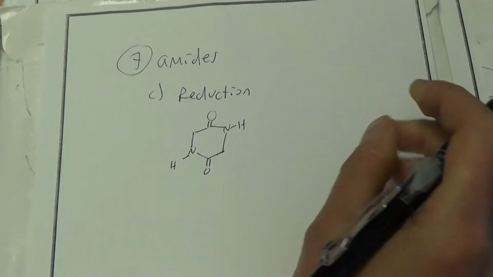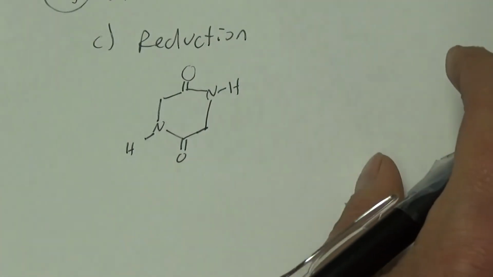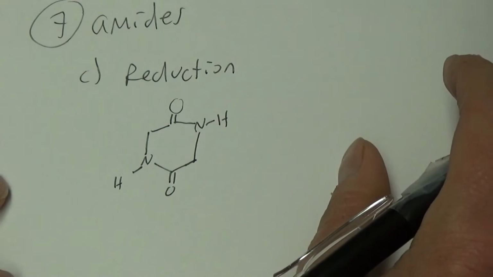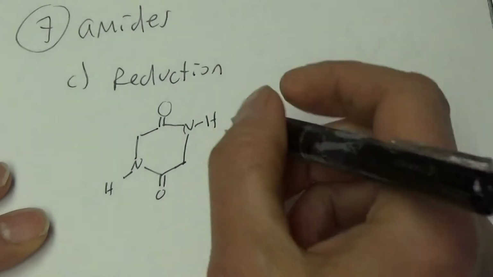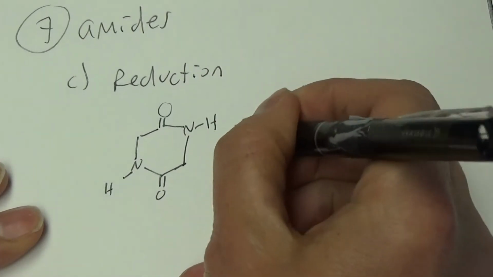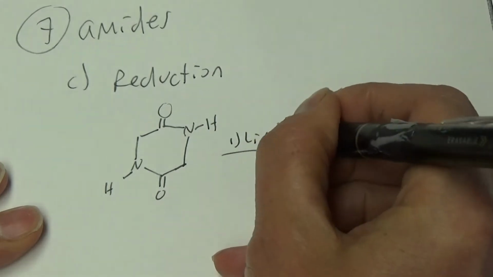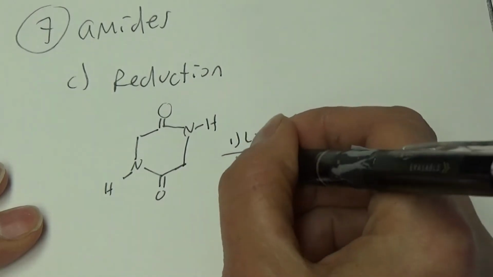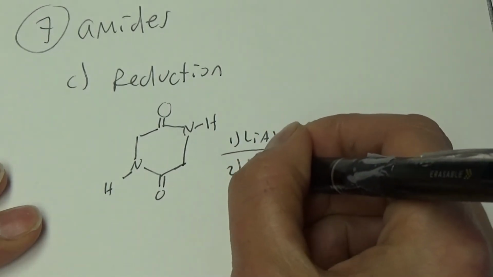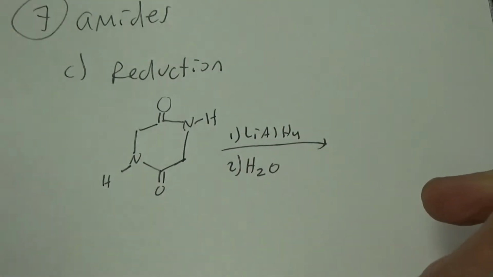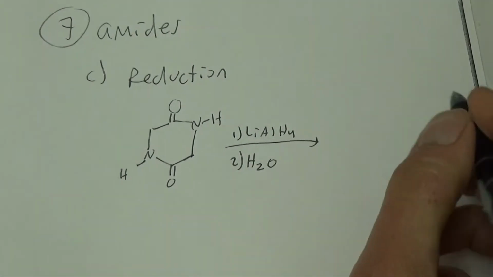There's an amide. It's got like a double amide, I guess. Whatever. You have two amides. What's the product if you react this with lithium aluminum hydride and water or acid? What's the product?